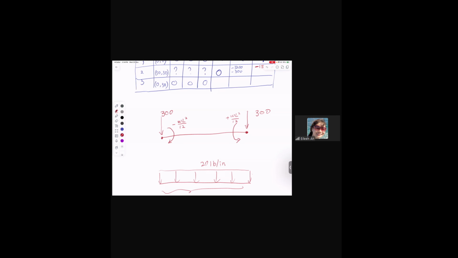So for this case, W equals 20 pounds per inch, and L equals 30 inch. So 20 times 30 squared. And at the right side, we need to apply a positive moment.